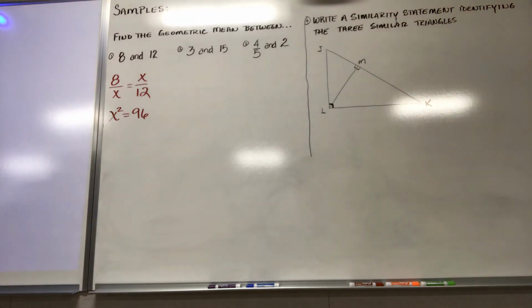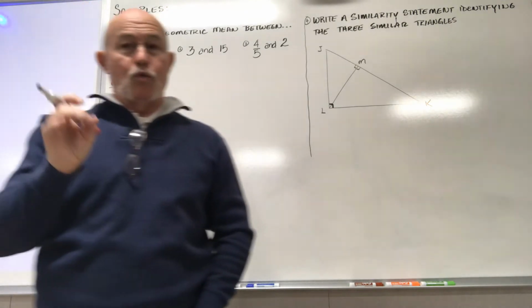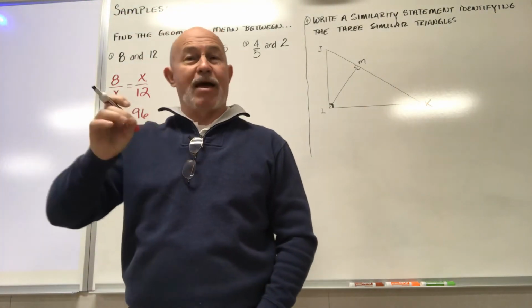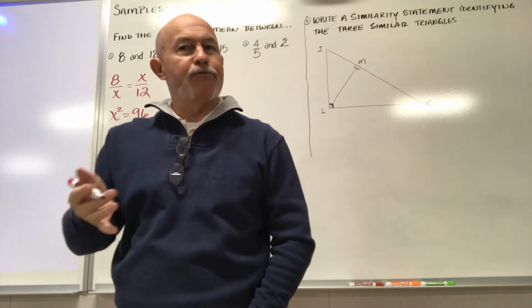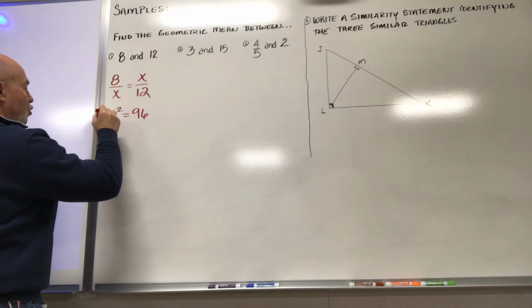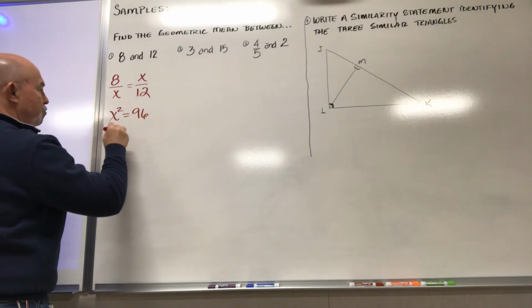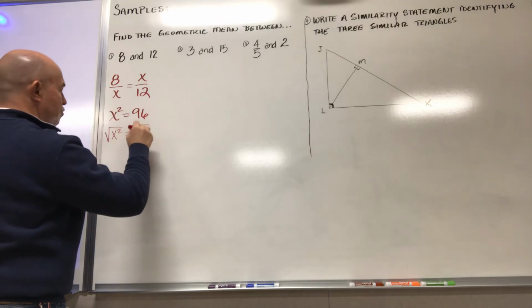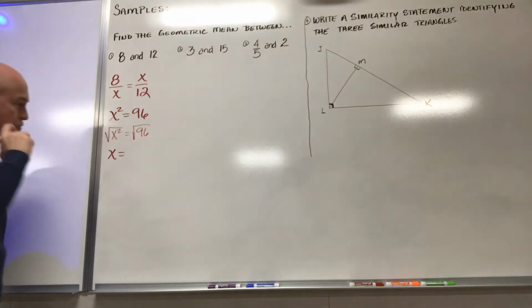Okay, x squared equals 96. We are going to take the square root of both sides. Square root of both sides is a mathematical operation, just like adding to both sides, dividing both sides. So once we do that, this becomes x.